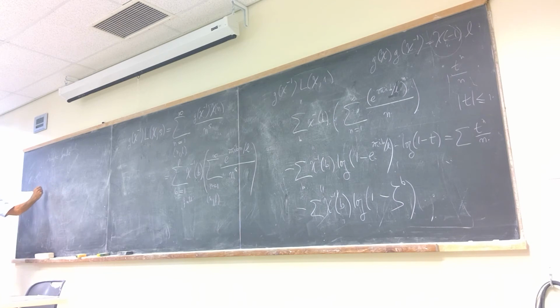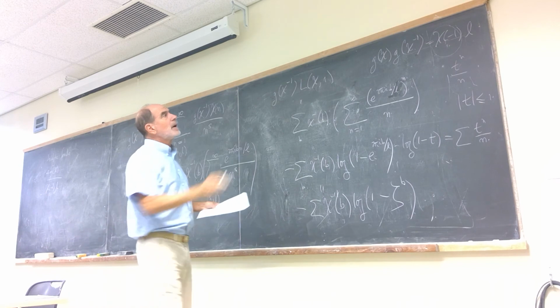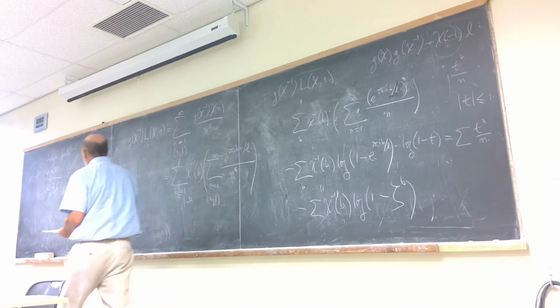1 over, minus G of chi over chi of minus 1 times L, because I divided by G of chi inverse.